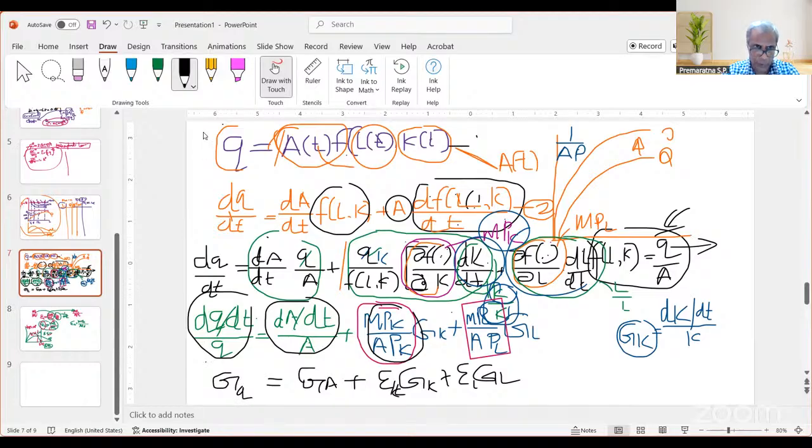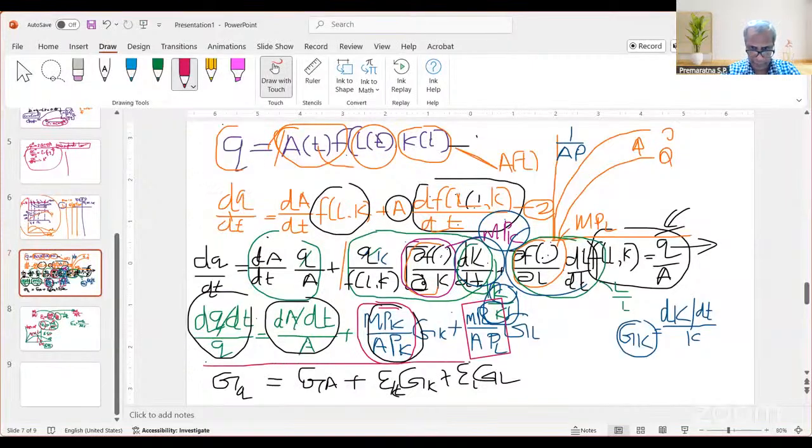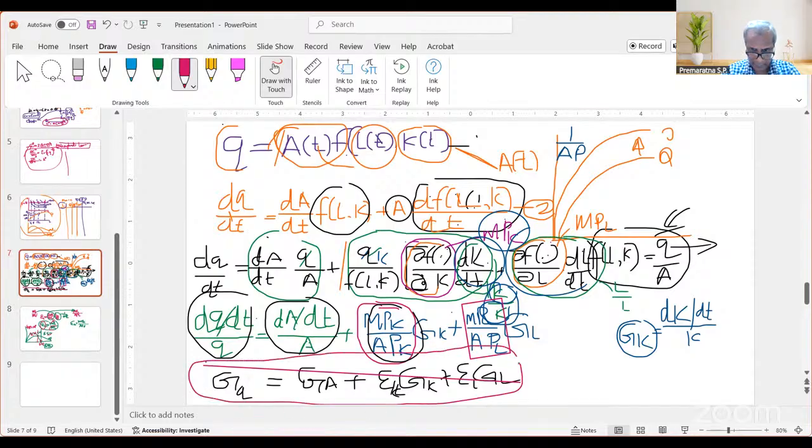Now, what to notice is this last equation here. The economic growth, if you take a single firm also, the firm's growth depends on the labor growth.